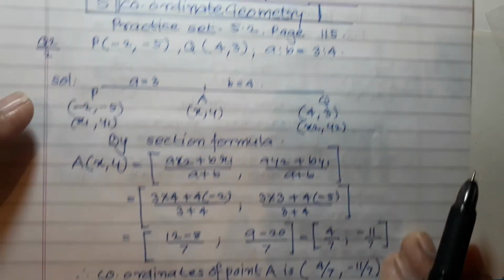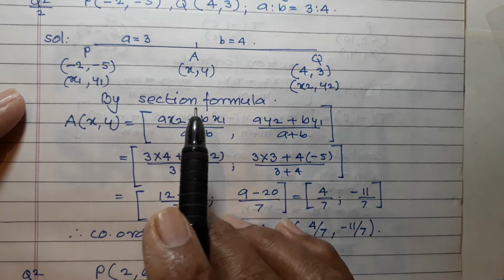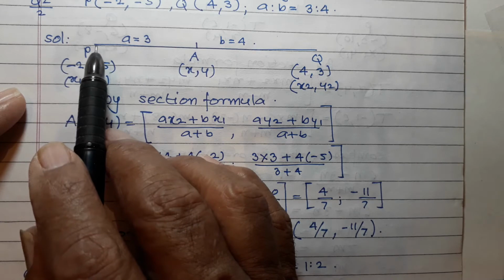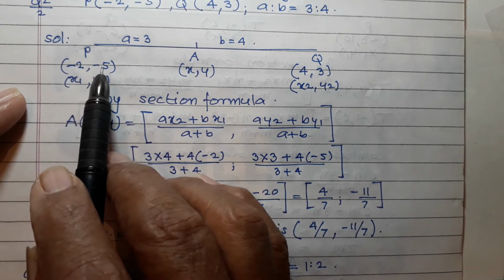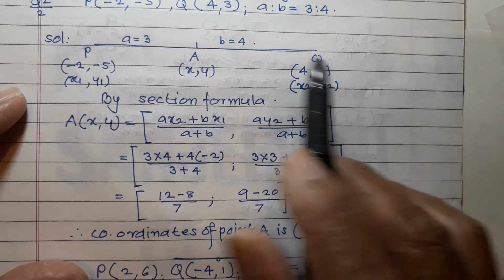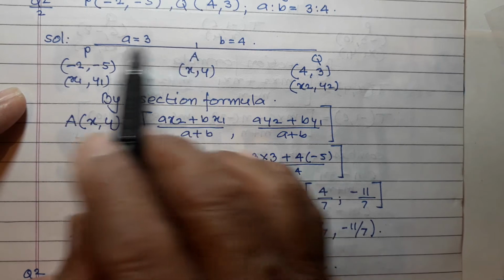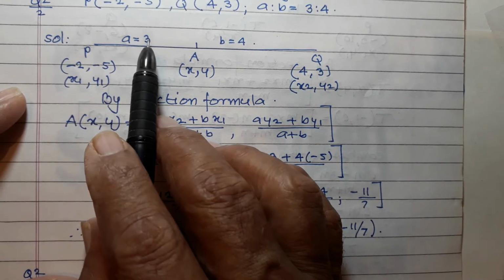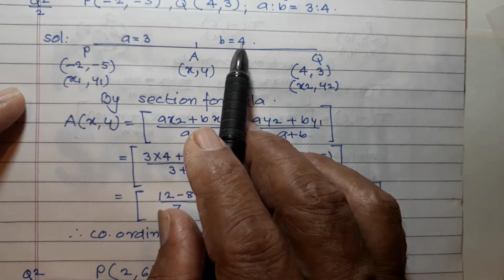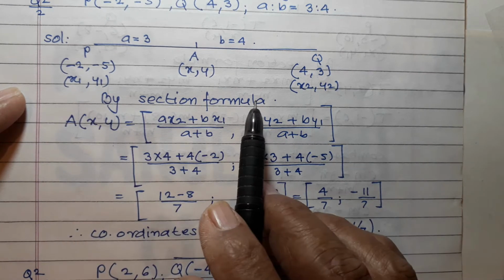Okay. Now first you draw a figure: P (-2, -5), Q (4, 3), point A (x, y) divides PQ in the ratio 3:4. Okay, then use the section formula.